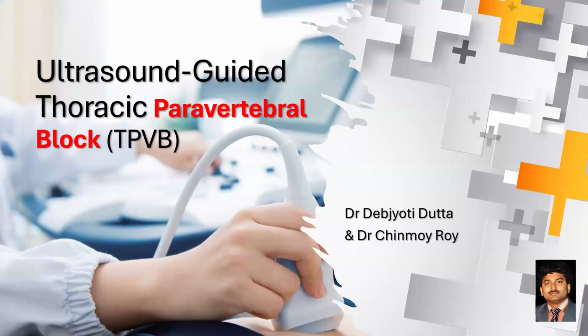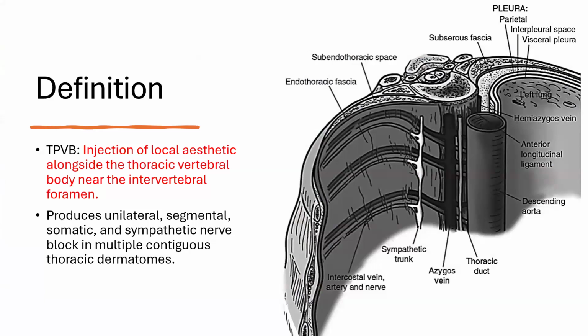Paravertebral block is the injection of local anesthetic alongside the thoracic vertebral body near the intervertebral foramen. So it is blocking the nerves coming out from the spinal cord. It produces a unilateral, segmental, somatic and sympathetic nerve block, because both the rami communicantes are there, and multiple contiguous thoracic segments as the drug moves up and down. If you give too much volume, it can go further up and down also.